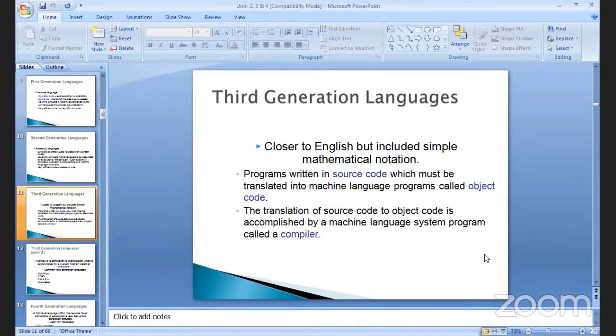The compiler depends on the source code, whatever program we are going to make.